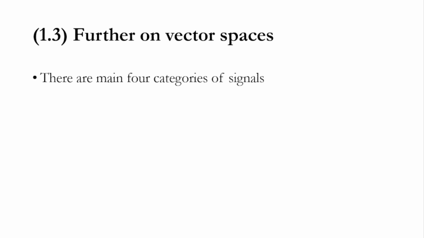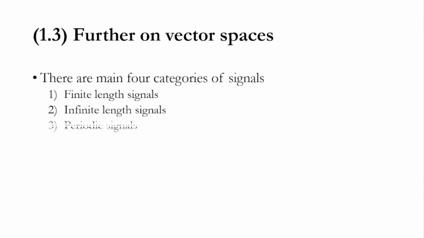The first question is, why do we need this? In DSP, there are four main categories of signals. First one is finite length signals, then infinite length signals, periodic signals, and at last finite support signals. I'm pretty sure you're familiar with these types of signals.